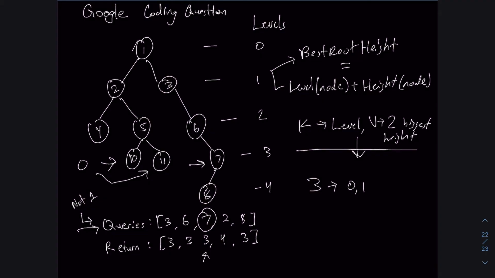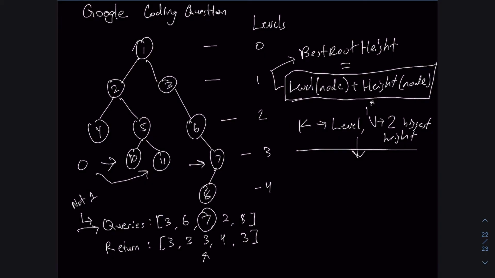And once we see that this 7, because we also store this information up here, has height 1 and level 3, we remove this one because this is no longer an option. And then we instantly know that our best height is just this one right here, because for this level, this is the next best option. So we would know that our answer would just be 3 plus 0.